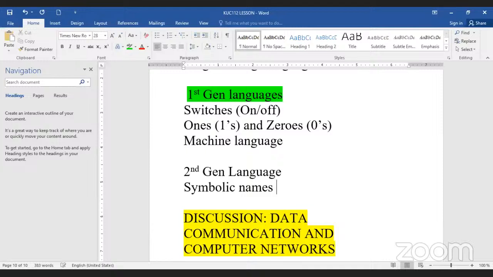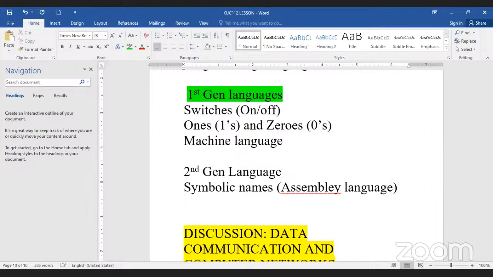or what we usually call mnemonics. Mnemonics are something just like language, but not a real language. And these symbolic names, the second generation, usually used what's called assembly language.